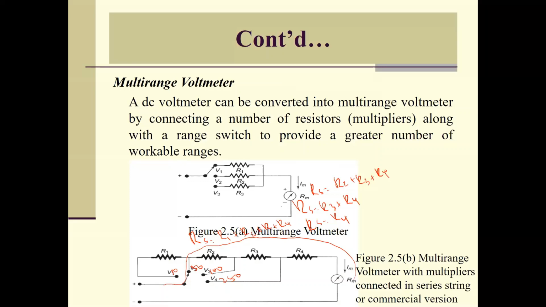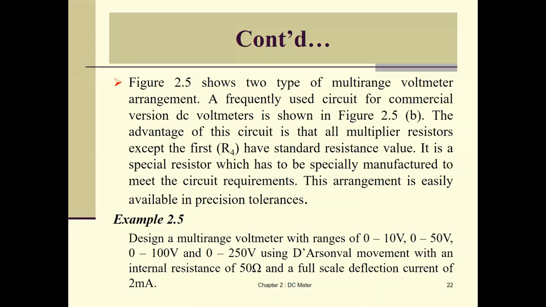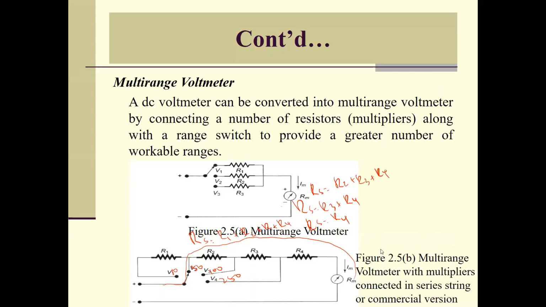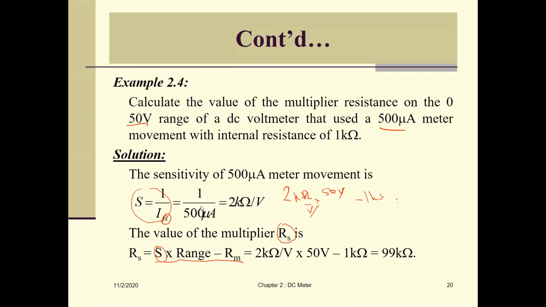Does anyone get the answer for designing the multi-range voltmeter? For 10 volts, first calculate the sensitivity, 1 over the full current, which is 2 milliampere.